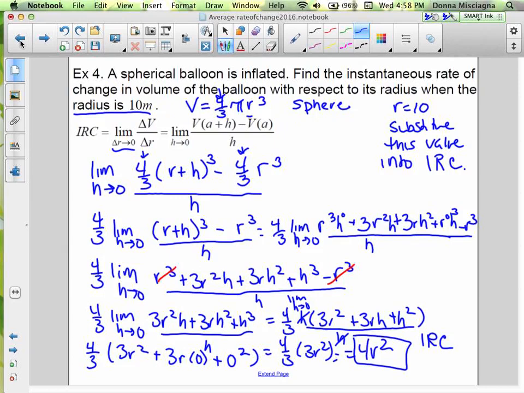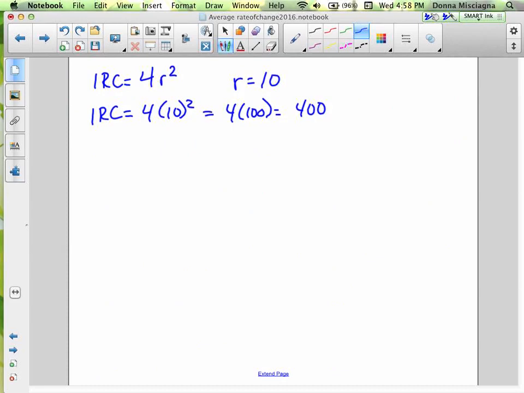Meters per, there's no change in time. Second, I say meters per second. So 400 meters per second is our instantaneous rate of change in the volume. That's how fast our volume is changing at the moment that the radius is 10 meters.